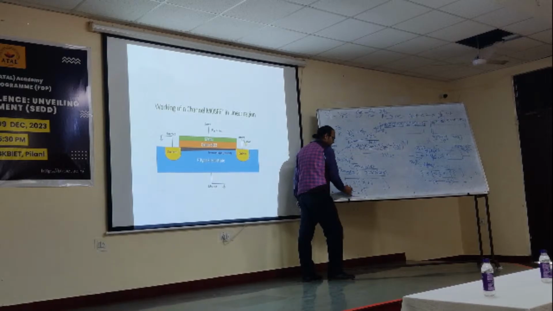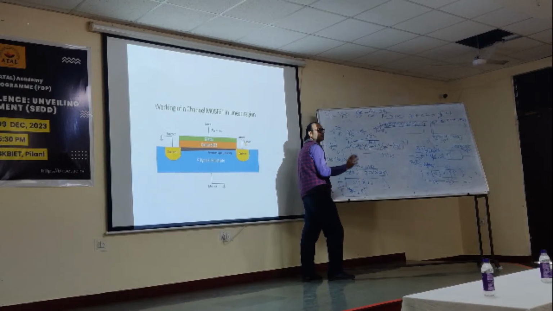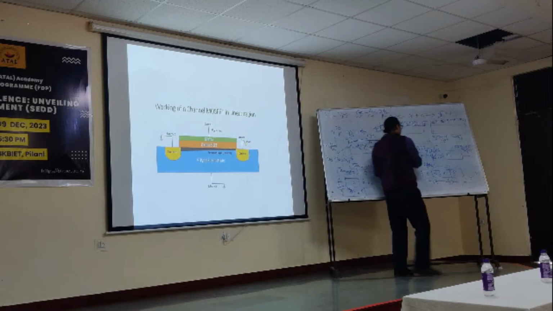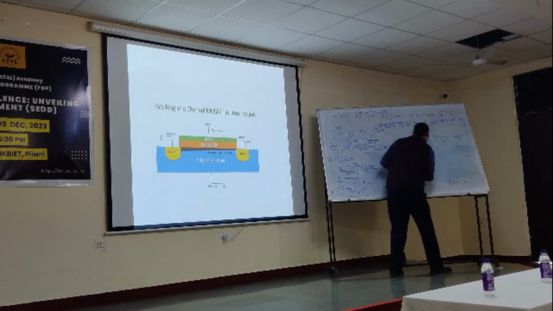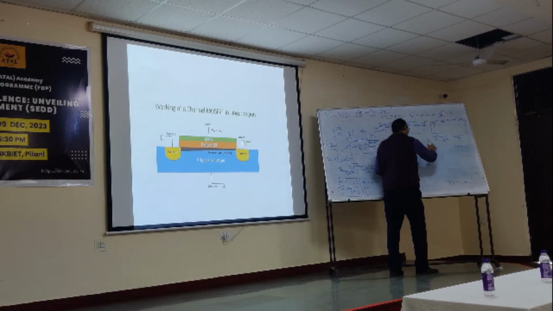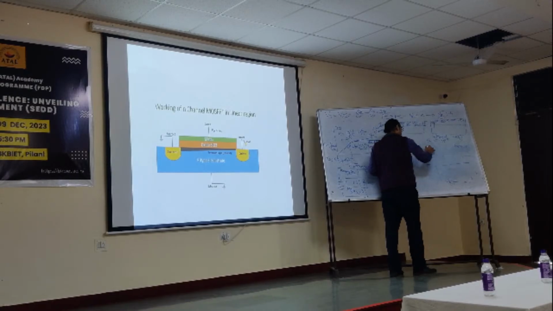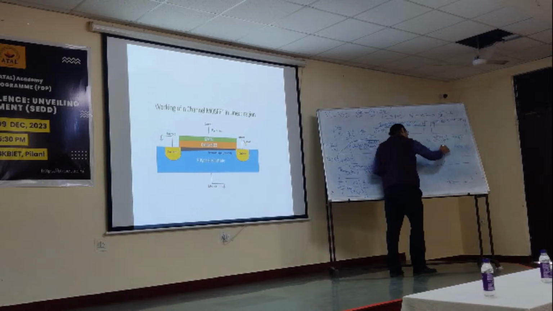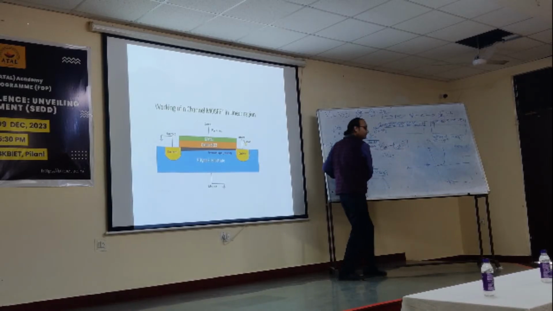Now you tell me, forward bias resistance will be high or less as compared to reverse? Less. Resistance of forward bias is less, obviously. So the forward diode is there, right? It is not a special thing. It's just like a PN diode.